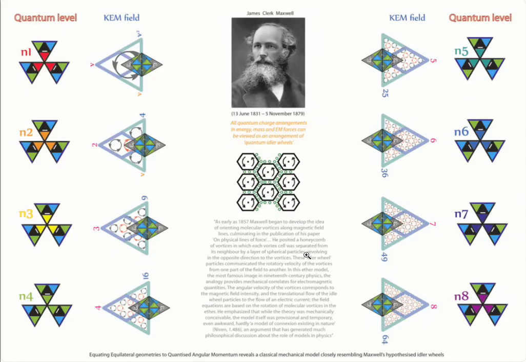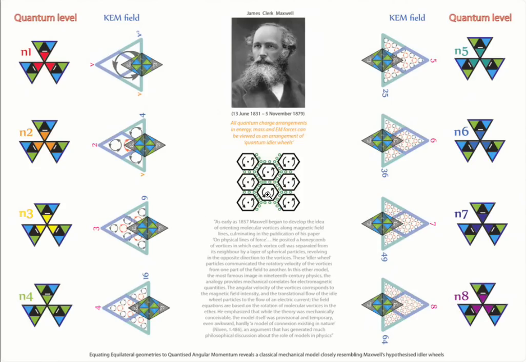This is a perfect analogy for what Maxwell was trying to achieve when he applied lines of force or fields of force to his equations. Where he may have struggled, obviously, is the fact that square numbers are equilateral geometries.